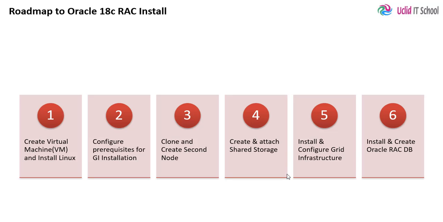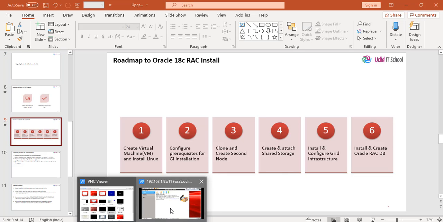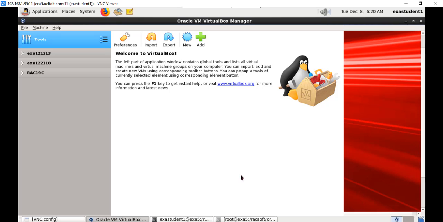So let us go to the host system where we want to install. I'm on the host system, and let us create a new virtual machine and install Oracle Linux into this virtual machine.